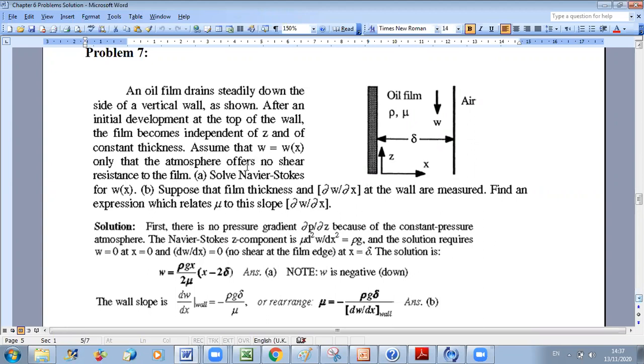First, solve the Navier-Stokes equation for W as a function of x. And second, suppose that the film thickness at the wall is measured. Find an expression which relates mu to the slope del W by del x. Okay, so let us start first by looking at what the assumptions are in this problem.